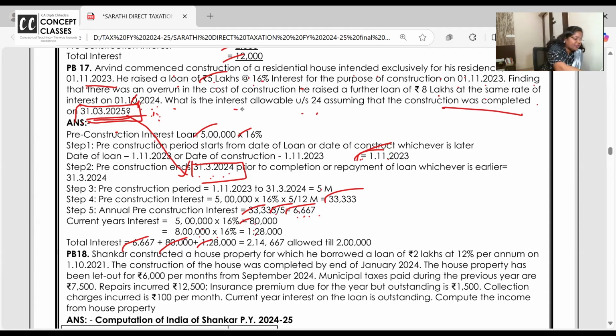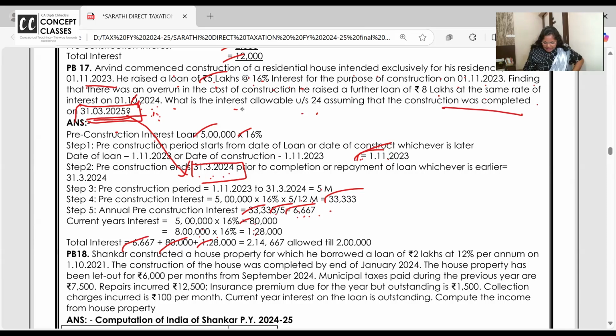After that, you needed some more money, so you have taken more loan. Full year's interest, I hope you are all getting. First was the pre-construction interest, 5 lakh into 16%. Actually, construction completed on March 25, but you have to take the prior year, so March 24, 1/5.